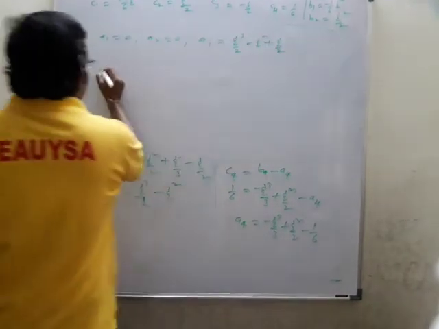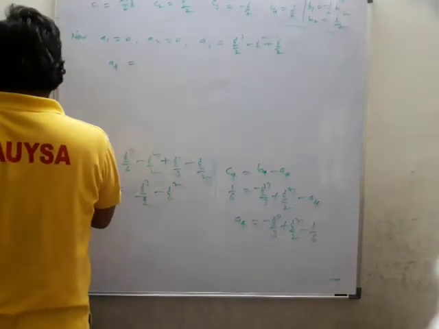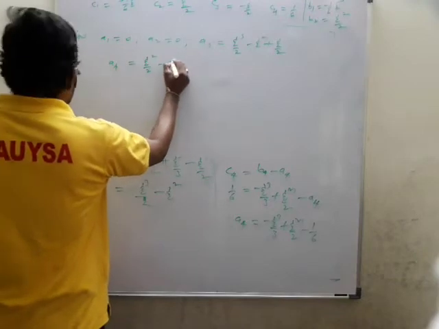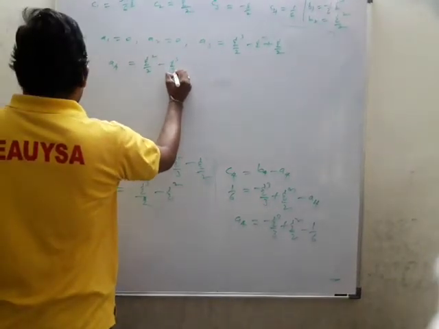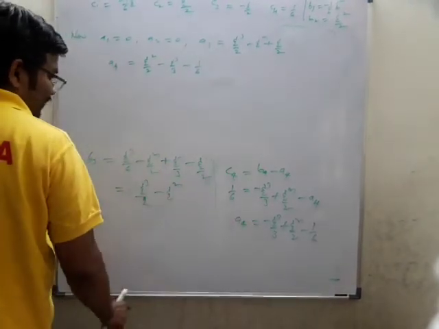This is A3, and A4 also I got in this form: xi square by 2 minus xi cube by 3 minus 1 by 6. A4, that is what we got.